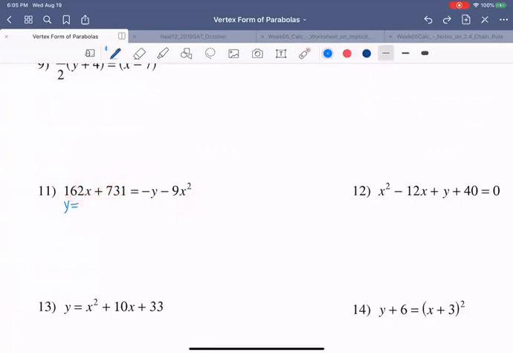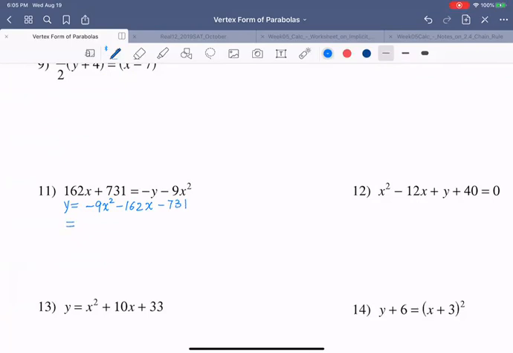So then y equals negative 9x squared, minus 162x. Good job. And then minus 731. Perfect. Next.